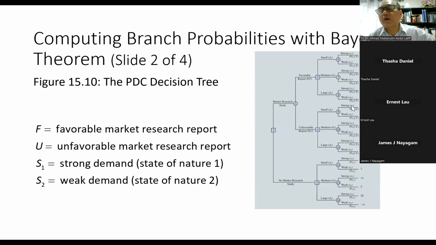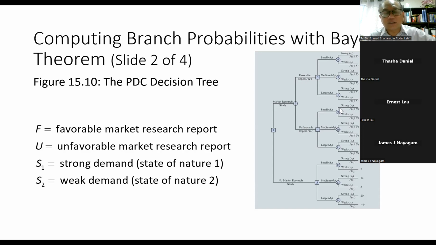What is the probability of a strong demand if an unfavorable report has happened? This probability is conditional on the favorable report. When there is a favorable report, people will start buying, and there will be an increased demand. Or if there is an unfavorable report, what will make people start buying?